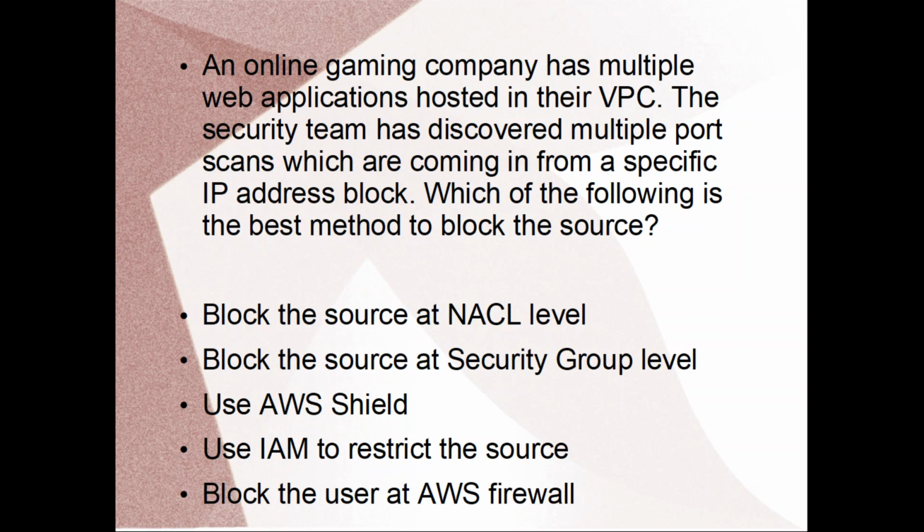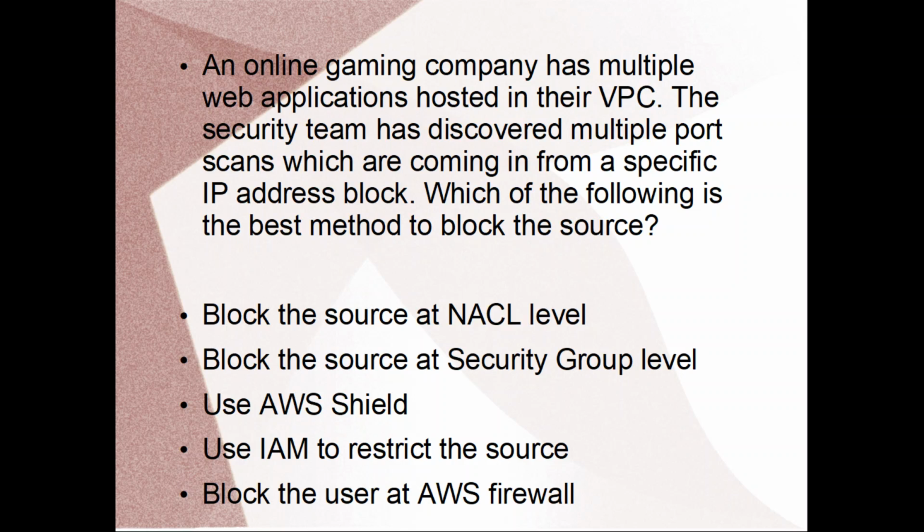So the best answer here is NACL, because NACL is the entry point, you can say, and you can have it handled there. Security group is nearer to the EC2 instance level, and you don't want those requests to get to that level. AWS Shield is used for a different purpose, for helping you with DDoS attacks.